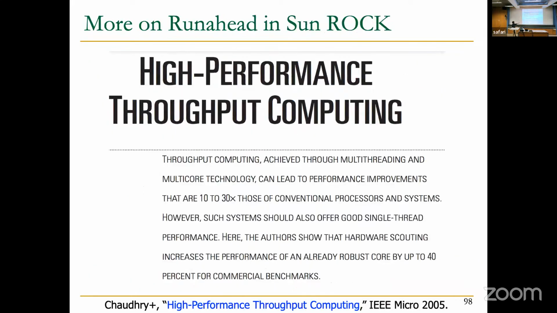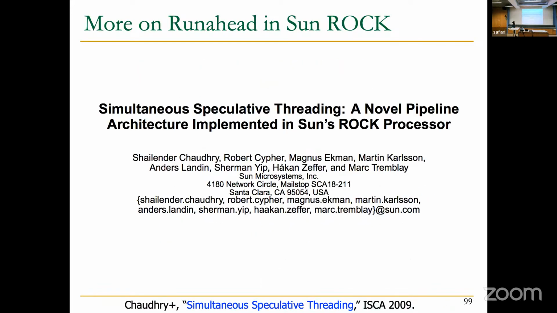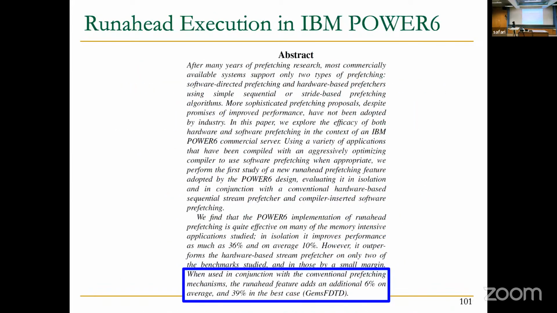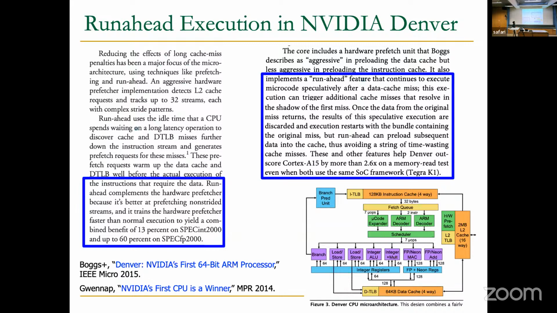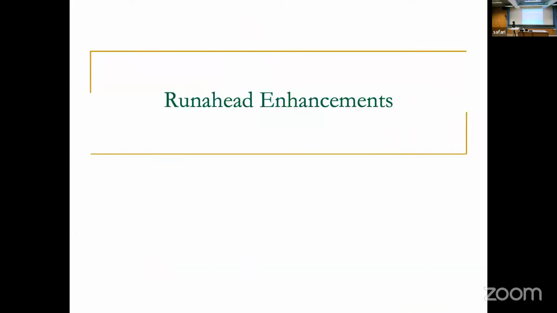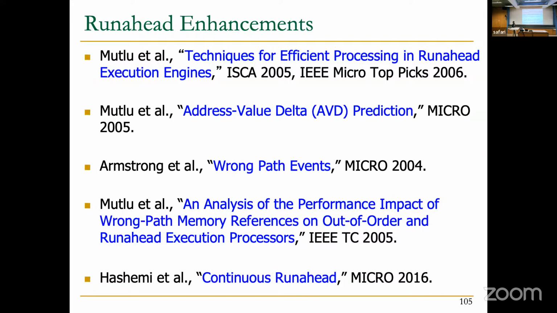So run-ahead execution is the original paper, and I'm going to quickly go through lots of works that have come up, essentially evaluated on top of run-ahead execution. This is an excerpt from the NVIDIA Denver architecture. They have also used run-ahead execution in their processors, and there are lots of run-ahead enhancements.